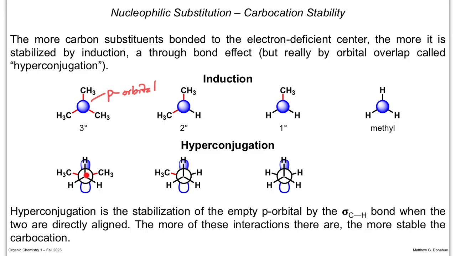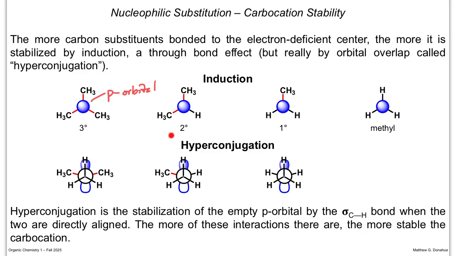So that CH bond, since it has electron density, is now aligned with something that's electron deficient. And so there's this through-space sharing of those electrons, in a sense, or stabilization of the p orbital. And that can happen with all 3 of those carbons. So that leads to something that's stable.